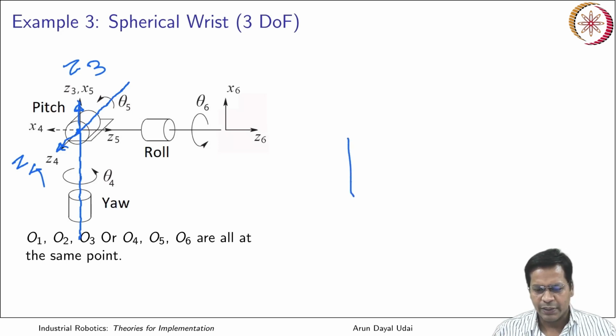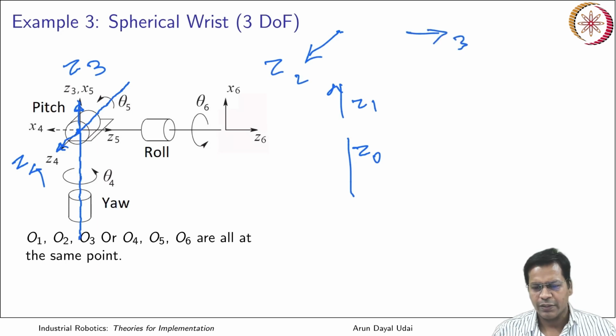So first one was like this, Z0, then Z1, then you had Z2, and finally you had Z3, that was like this. Got it? So from there I am establishing this spherical wrist.